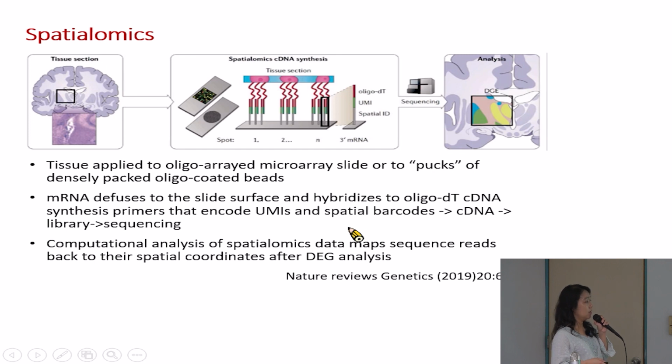Then we can know which special genes are expressed in a specific tissue area. So after computational analysis of the spatial omics data, which will map the sequencing reads, we know which genes are expressed after differential gene expression. So we can know in this area which gene is expressed.